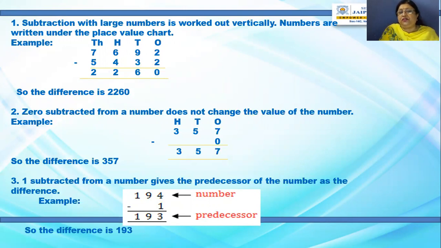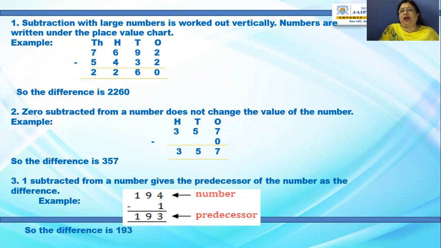So what difference we got is 2,260. We are going to write the answer as, so the difference is 2,260. Rule number 2 is when zero means nothing. When 0 is subtracted from a number, it does not change the value of the number.